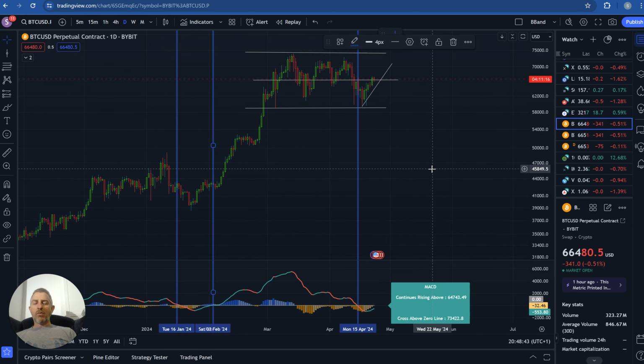So why am I saying that? Well, having bounced off the bottom of the range and now hovering around the midpoint, if Bitcoin can start to trend above the midpoint, it's going to get close to this number for crossing above the zero line.